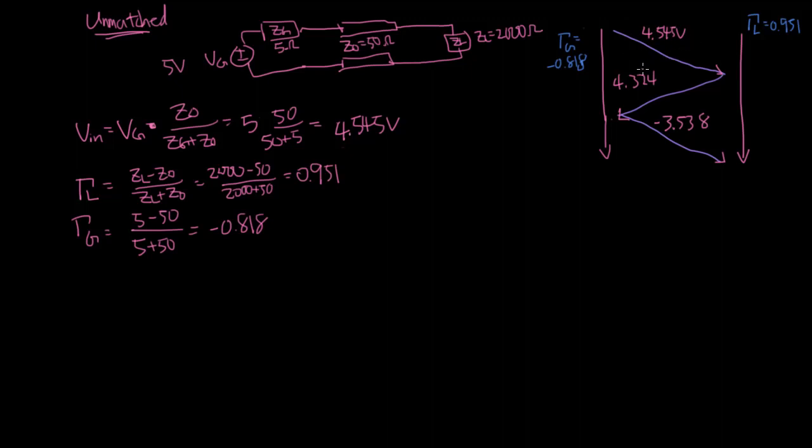This is going to be 4.5, and then it's going to go up to 8, and it's going to go back down to like 4, 5, 6-ish, and it's going to have a lot of reflections. It's going to take a very long time for it to reach steady state. So the bottom line is that it's going to be a very slow decay to the steady state. So this is the worst case. This is not what we want.